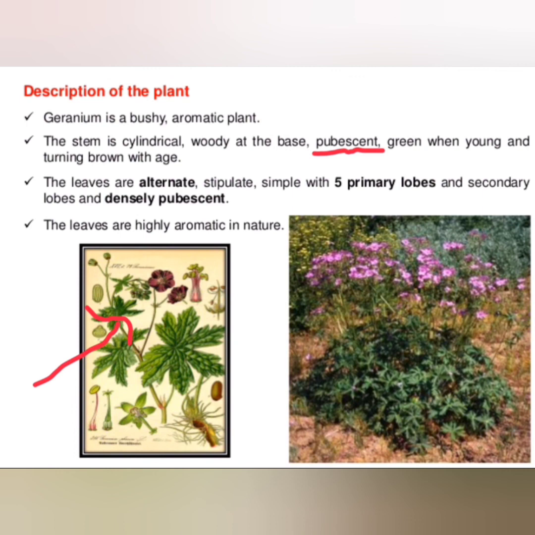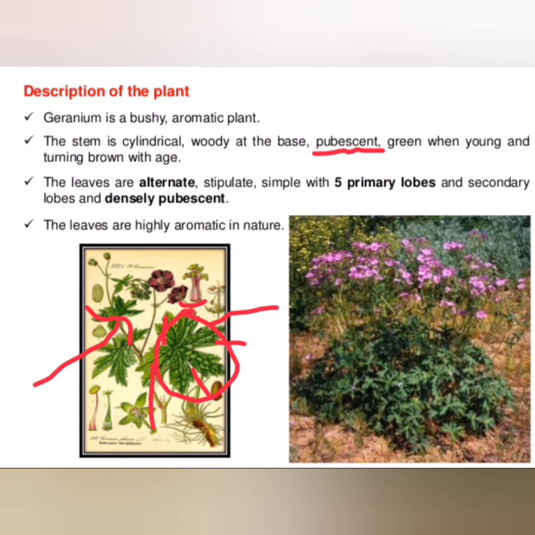And the leaves are alternate, stipulate, simple, with 5 primary lobes. You can see here 1, 2, 3, 4, 5. So these leaves form the lobes.